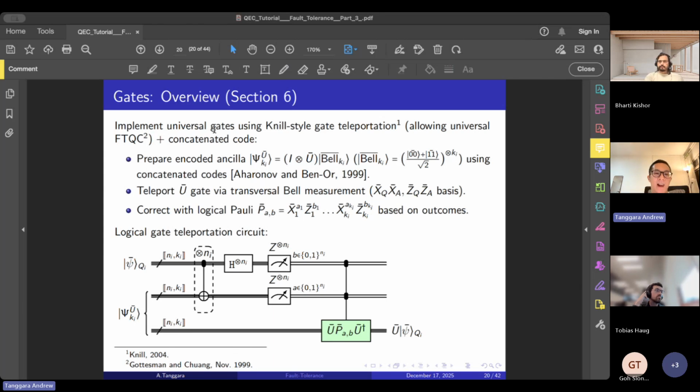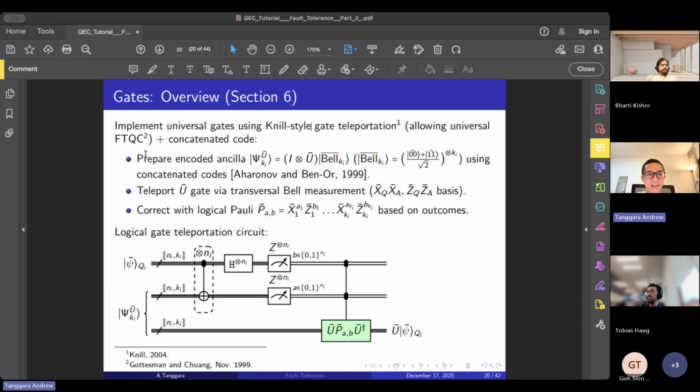Basically this will allow you to do just any gate that you want. Also Gottesman and Chuang proposed this kind of scheme back in '99, where you can do universal, fault-tolerant computation using this teleportation implementation of logical gates.